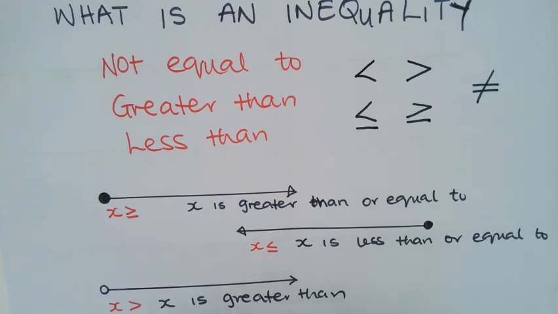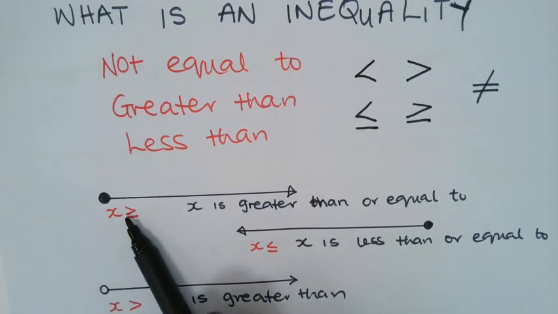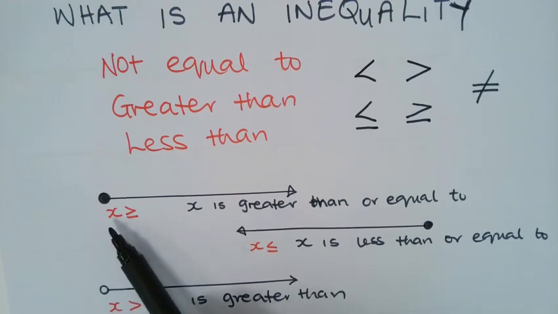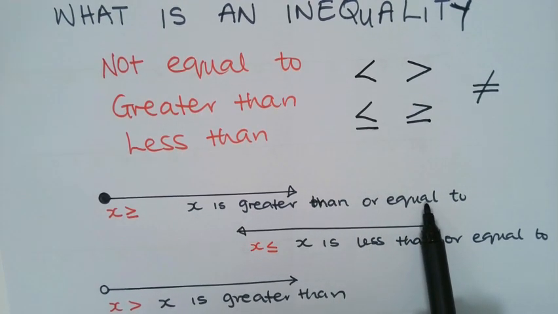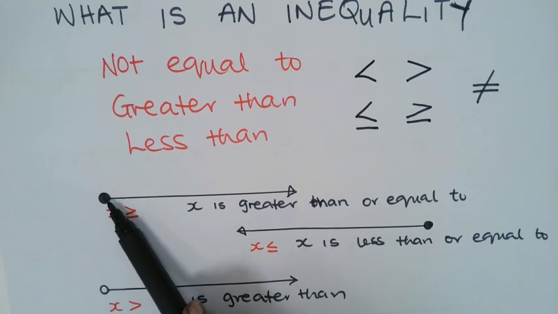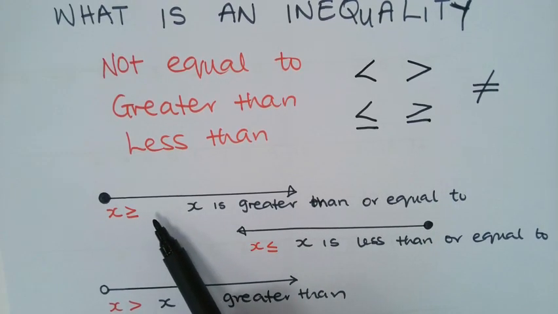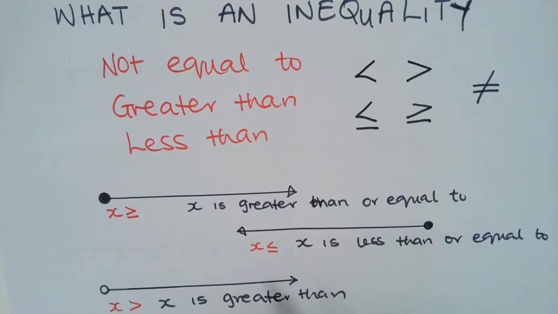So if you see the closed circle and the open circle, open circles are used for numbers that are less than, and the closed circles are used for numbers that are less than or equal to, or greater than or equal to. So when we look at this first one, x is greater or equal to. You've got the closed circle, which is used for less than or equal to or greater than or equal to.